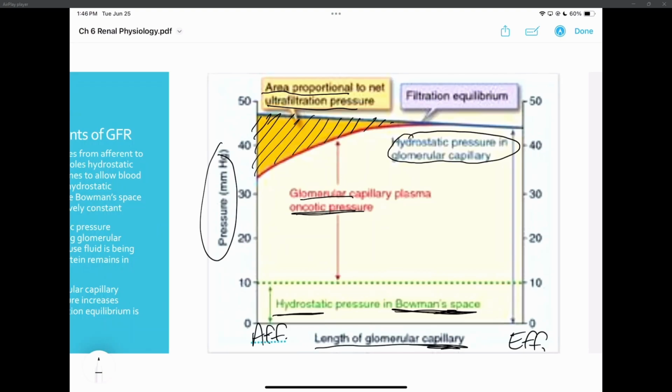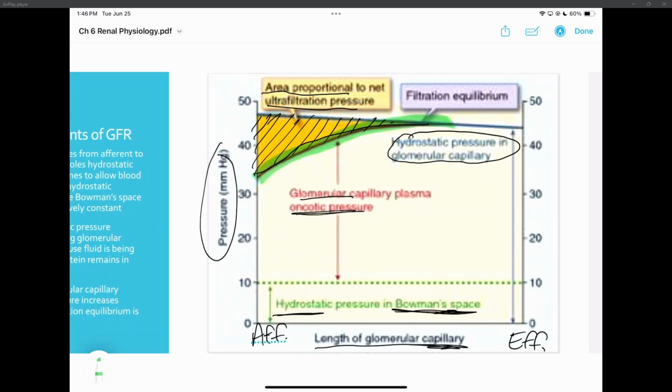As you go along the length of this capillary, because you're losing hydrostatic pressure, you're just losing water essentially, the pressure that those proteins exert gets stronger as you go along the length of the capillary. That's why this red line goes up. Let me change that to a highlighter. Because along the length, you're losing hydrostatic pressure, so that oncotic pressure now has a stronger force.